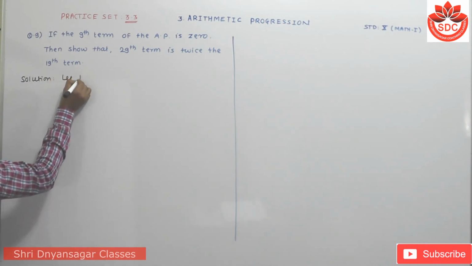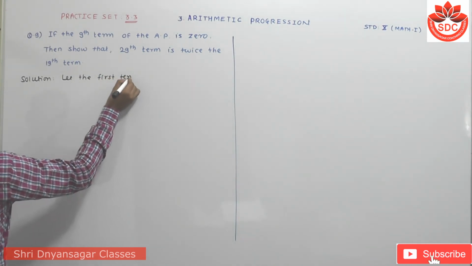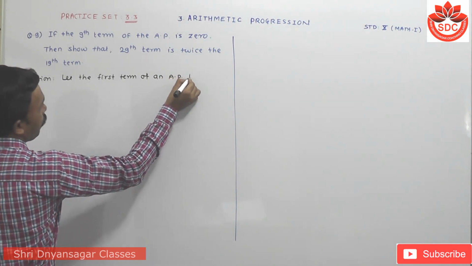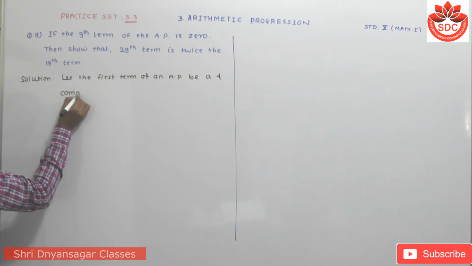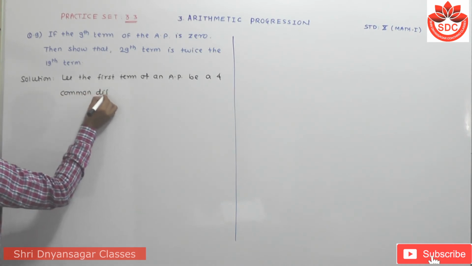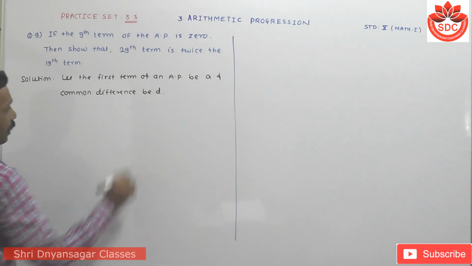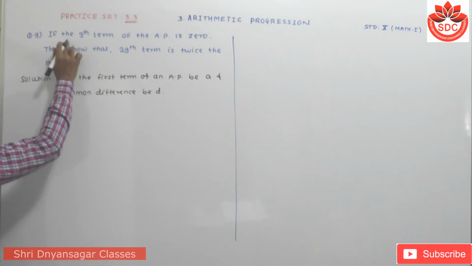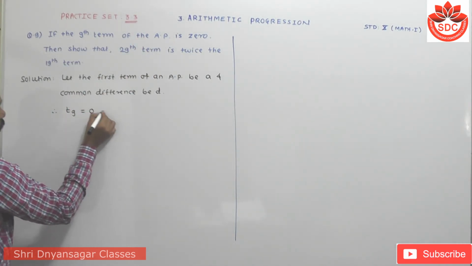Let the first term of an AP be A and the common difference be D. Then here it is given that the 9th term of the AP is 0, which means T9 is equal to 0.